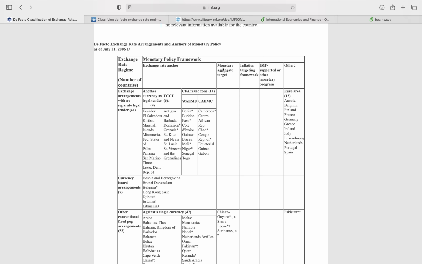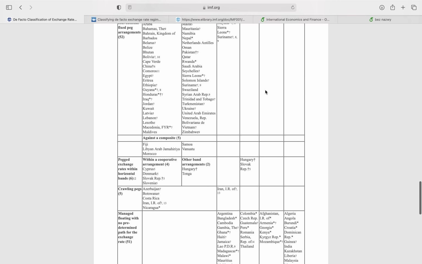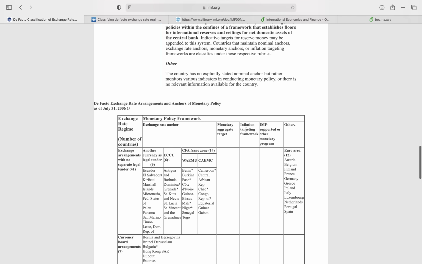Because look, some countries are pursuing targeting of monetary aggregates like M2 or M3. Some pursue inflation targeting. Of course, there are also other less popular choices, usually hybrids of pursuing some inflation targeting with supporting low unemployment in the economy.